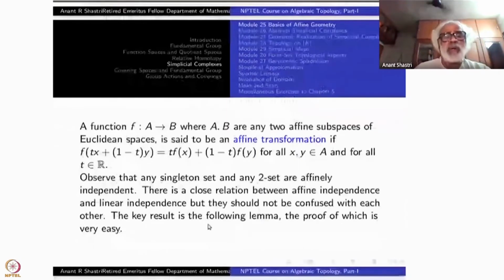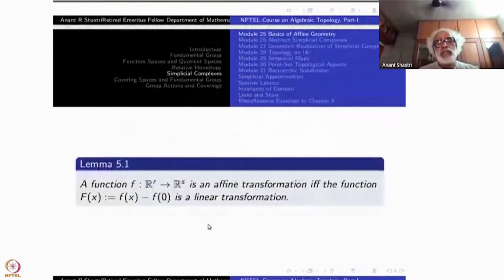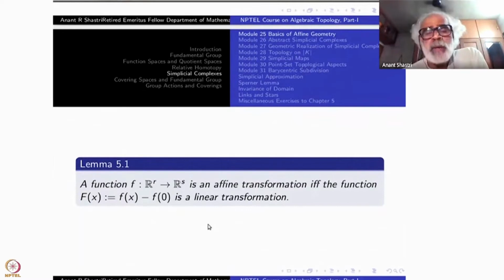So this is the lemma. Take a function f from R^m to R^n. Now I am thinking of R^m as an affine space.